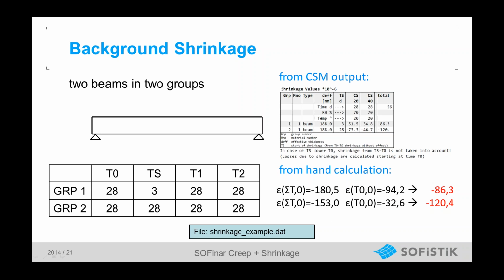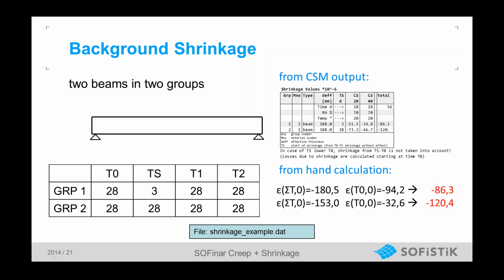And what you see here is, again, what I tried to explain before in this little output table on the top right side of the shrinkage values. In the first line, the total shrinkage effect, if you do a hand calculation, is minus 180 times 10 to the power of minus 5.